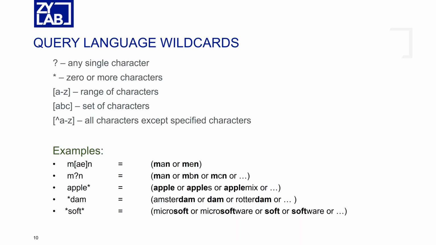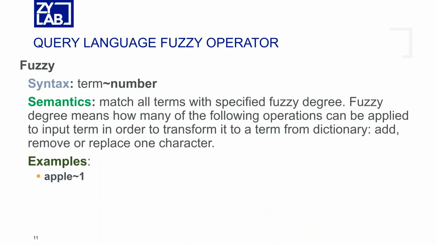So in the first example that you see, when we search for man with an A or an E, you can say, okay, we have a different letter for the second letter. The system can choose to use an A or an E, and we'll find man or men. So these are all possible, and we'll use those character ranges later on as well in our query that we're going to create.